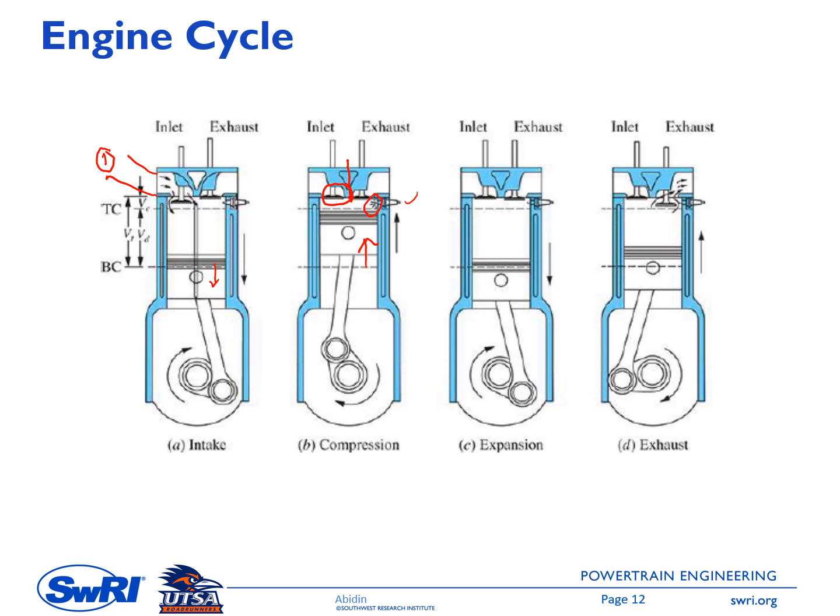Then there'll be a release of the chemical energy into thermal energy, which results in an increase of the mixture pressure and mixture temperature. And then the piston moves down, from TDC to BDC, doing an expansion stroke.